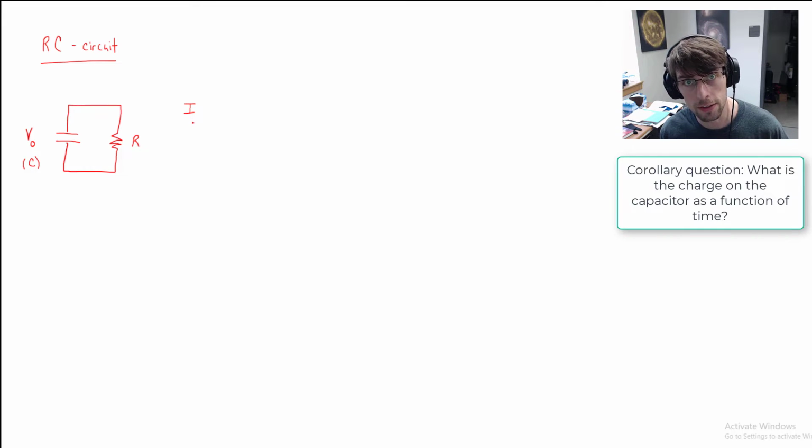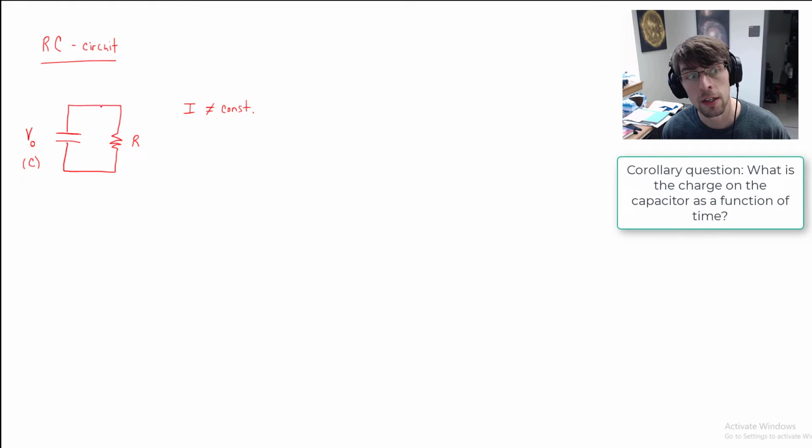Now, the caveat is that I is no longer a constant. The reason for that is because as you remove a charge from the capacitor plate and let it run around the circuit and combine with the other side, the strength of the electric field between the plates decreases, and so the current will slowly decrease.